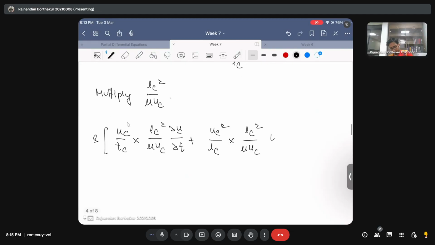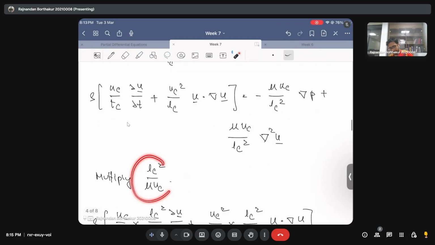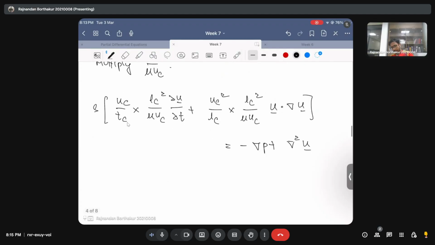And then I have U dot grad U. On the right hand side, I'll not have this term because I've already multiplied by LC squared by mu UC, so this term just gives me 1, and this term also gives me 1, which means on the right hand side I just have minus gradient of pressure plus del squared of U.